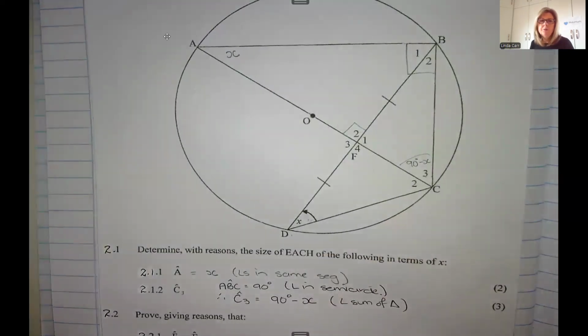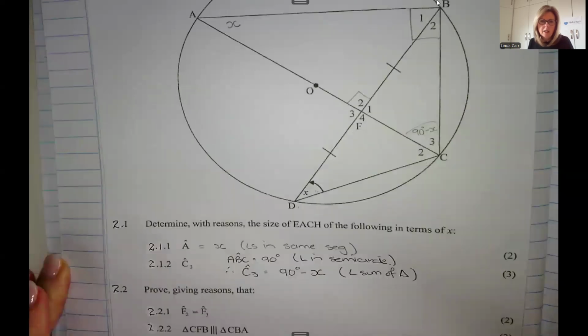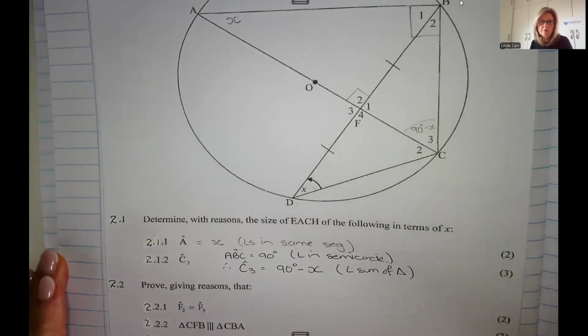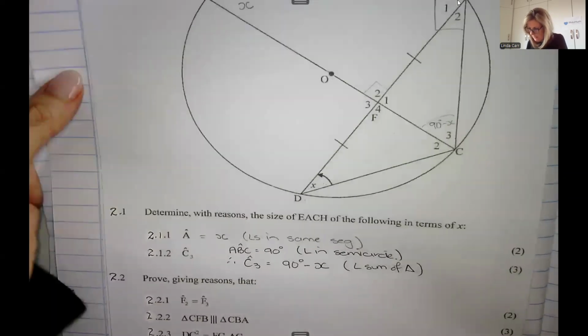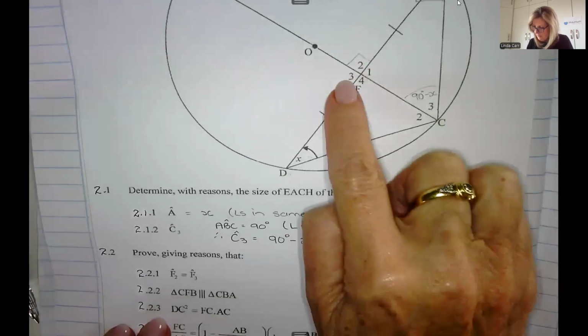Right, I've got to prove, giving reasons, that angle F2 is equal to F3.